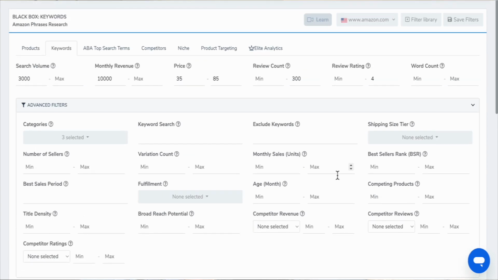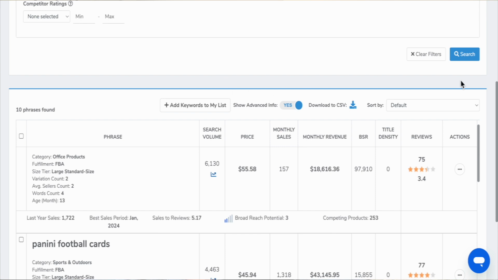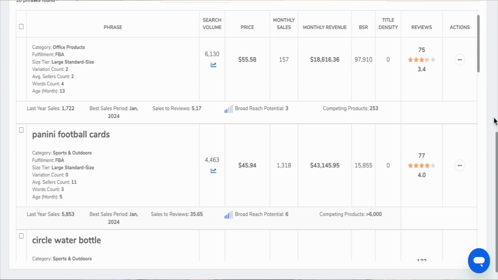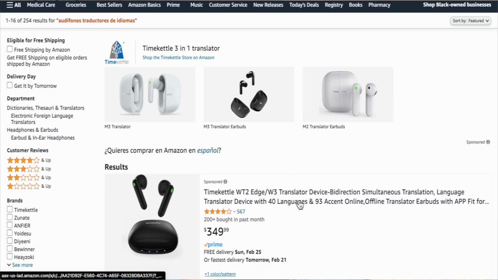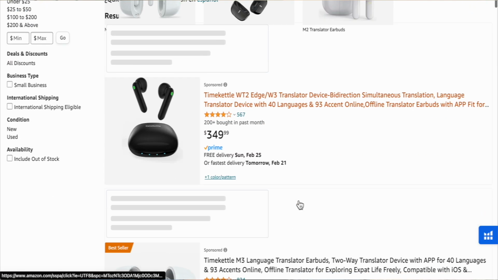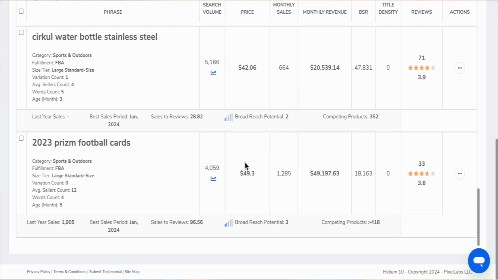Hit search, and let's see what this one gives me. This one gives me another 10, which, like I said, that's good for us beginners because we don't want to overwhelm ourselves. Audífonos, this is in Spanish, so that's good. This one's making 18. It's an electronic thing. I'm not really into the electronics. I don't know why it's coming up, but we just get out of it, go back.